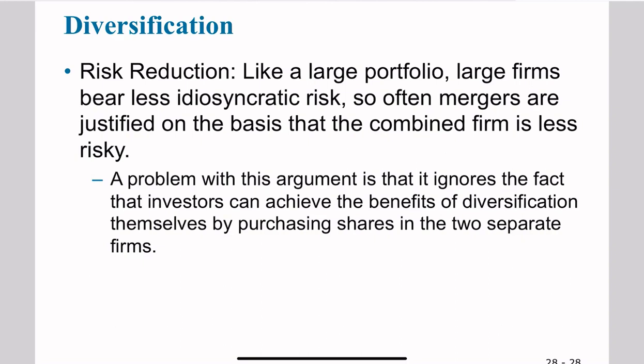But if you don't do this, investors can basically hold these smaller firms' shares. And then still, investors will get this diversification benefit through holding several firms in their portfolio, right?